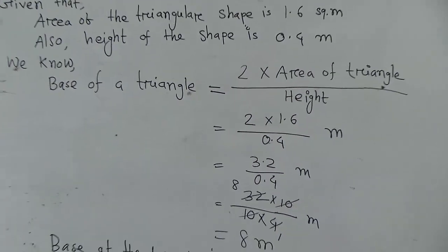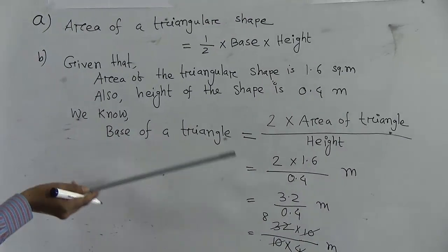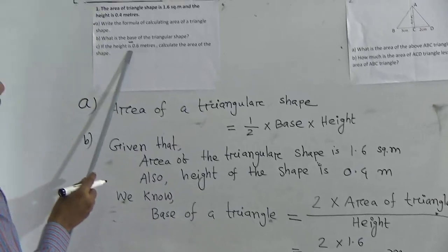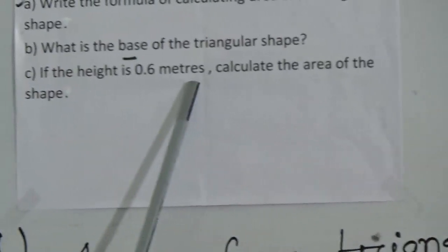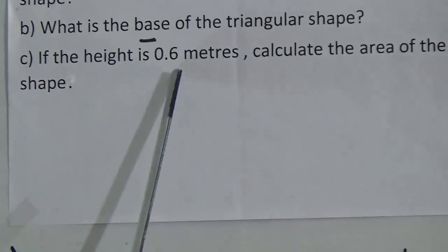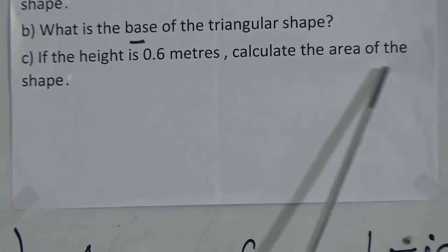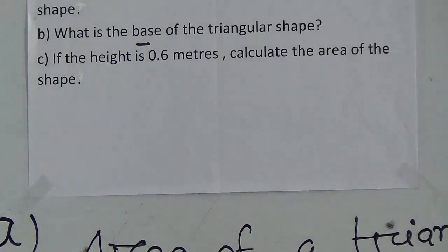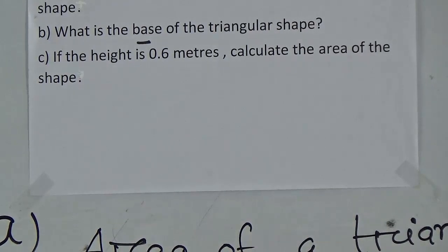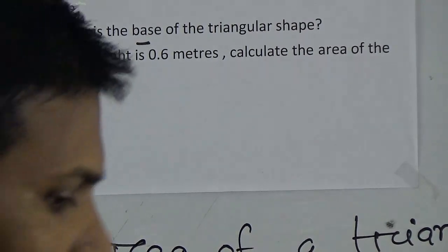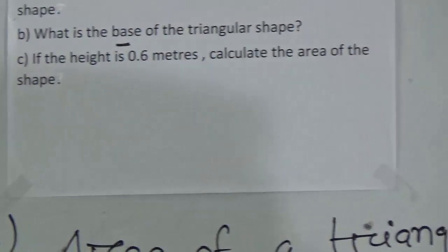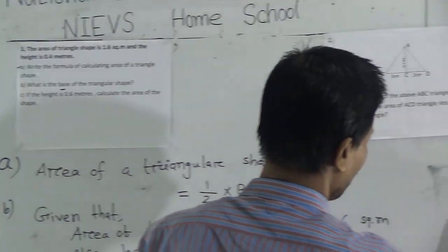Look, C number question. If the height is 0.6 meter, calculate the area of the shape. Now write C number question.